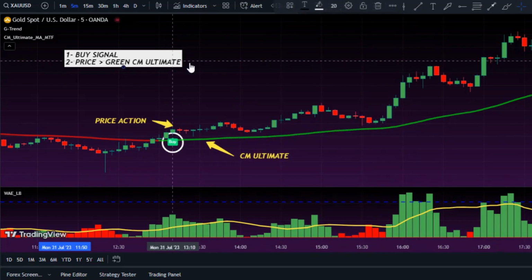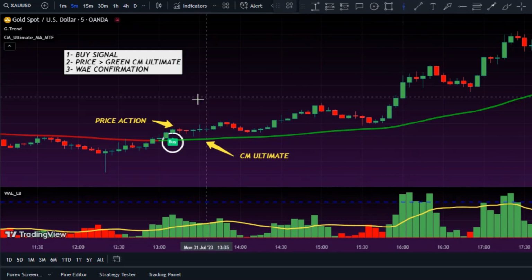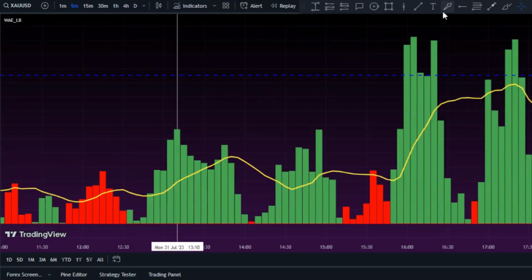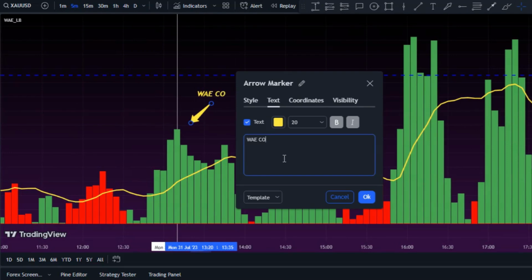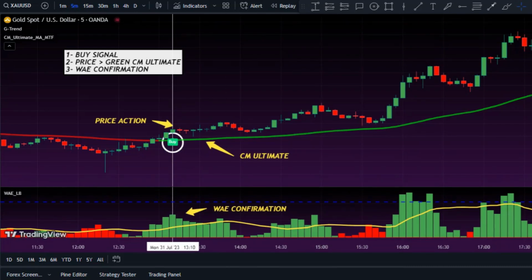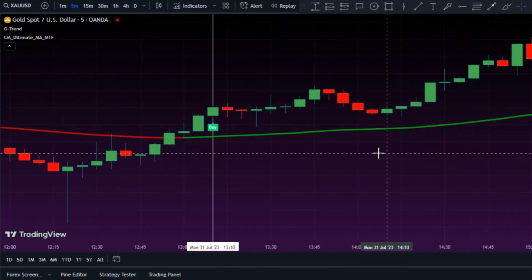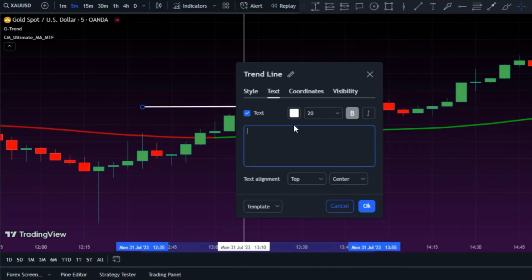And finally, the WAE indicator will need to confirm the buy signal. So if a signal checks all these boxes, we can enter a buy position.